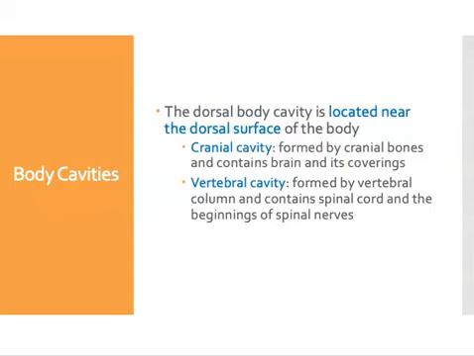The dorsal body cavity is, like the name suggests, located near the dorsal surface of the body, or the posterior surface of the body. Within the dorsal body cavity, there are two other cavities, the cranial cavity and the vertebral cavity.